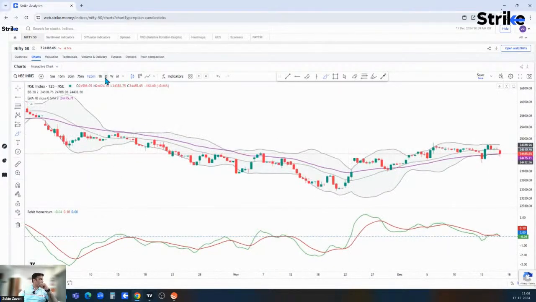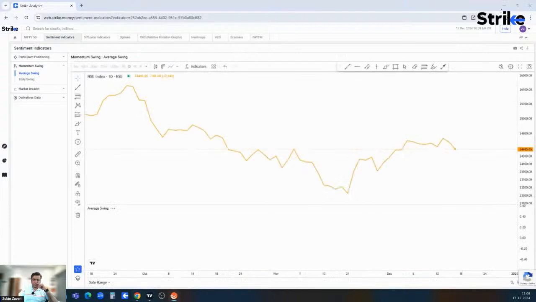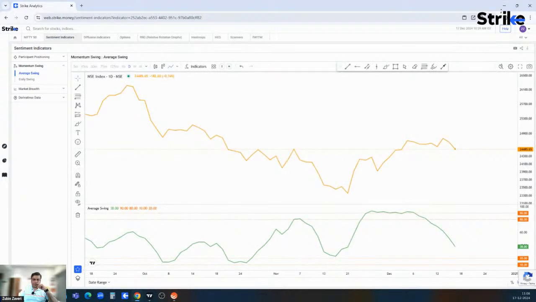All right. Now let's also look at sentiment indicators. So on the sentiment indicator, on this particular average swing, we can see the average swing indicator is sloping downwards, all right, indicating some slowdown.